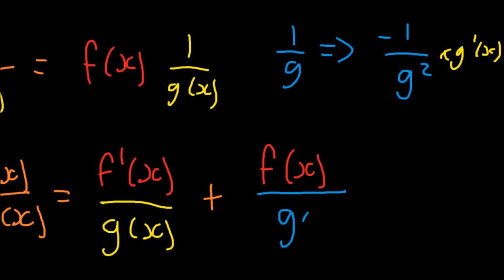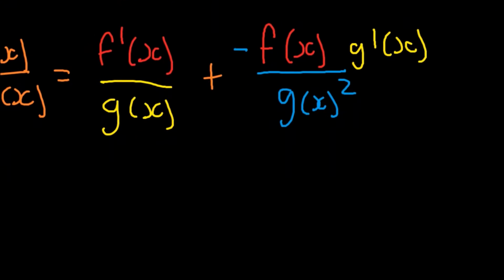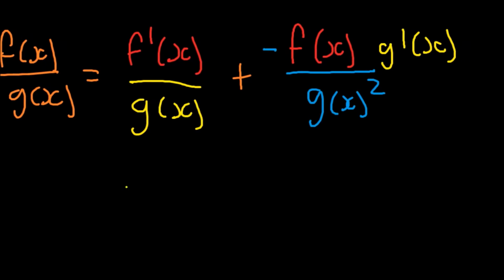So g of x all squared. The minus sign came with it. And then we have to multiply by g prime of x. All right, we're almost done with the derivative, the quotient rule. All we have to do now is multiply this side by g of x down here and this side by g of x up here to get the same denominator.